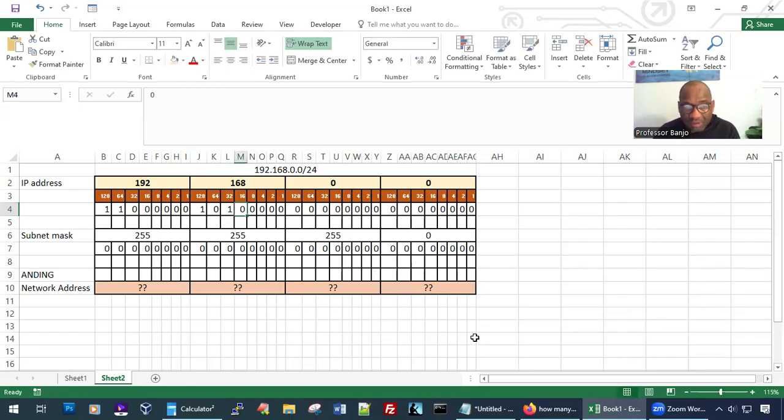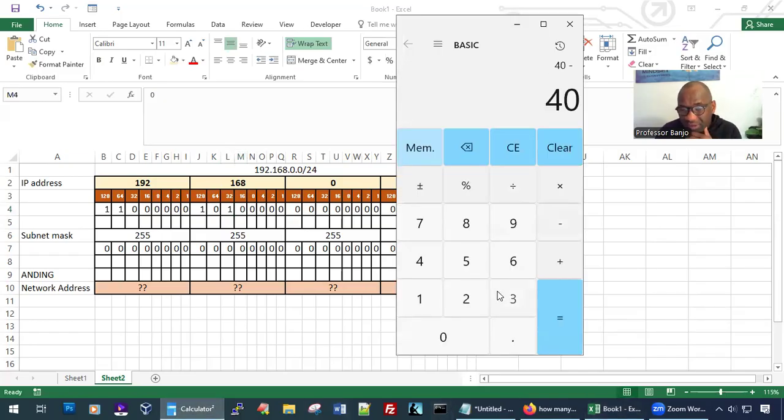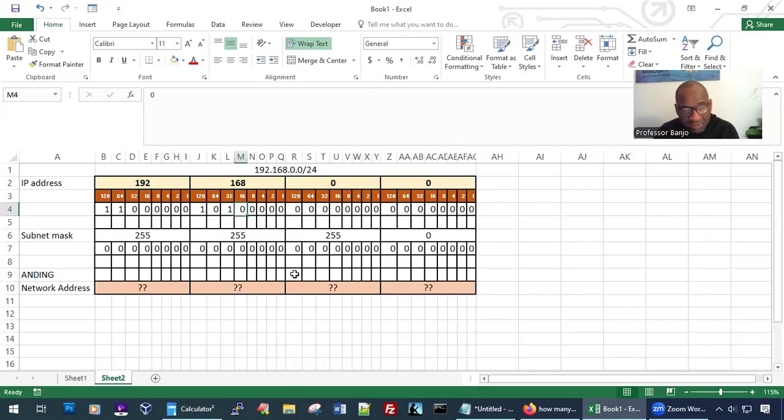And that leaves you with a balance of 8. So minus 32, that leaves you with 8. So we skip this. That's a 0, this is a 1, and that's a 0, 0, 0. Everything here is 0 because the IP address is 192.168, and the last two octets are 0, 0. So everything here is just zeros.